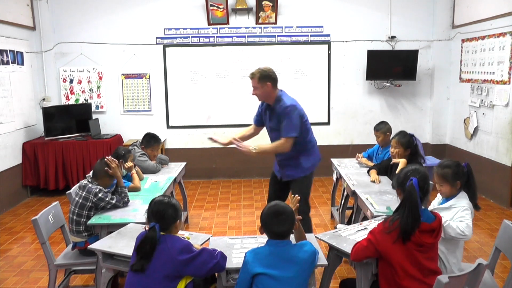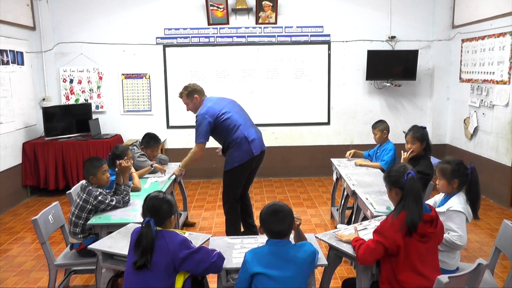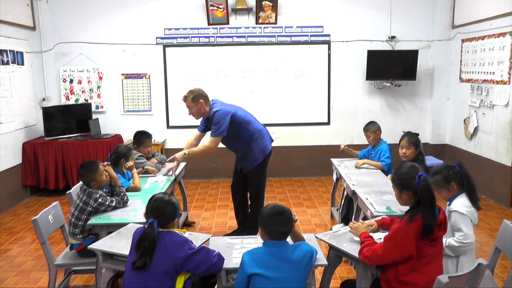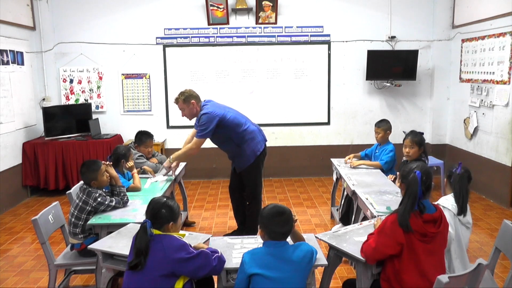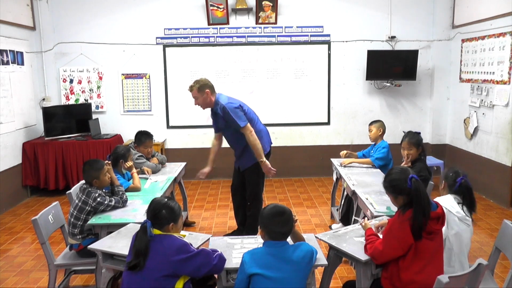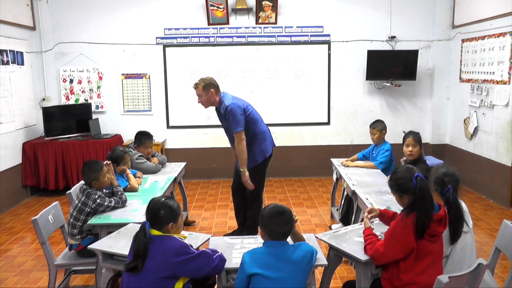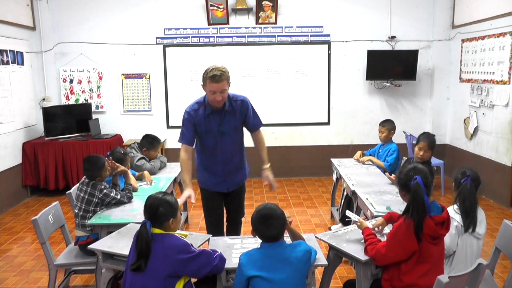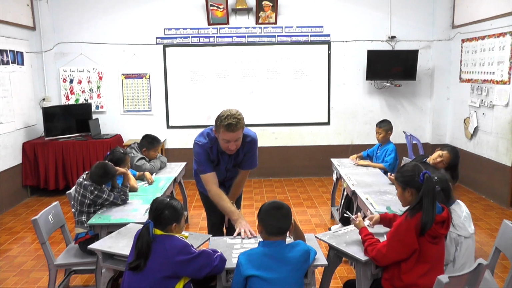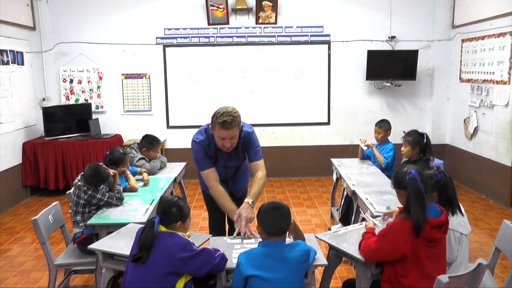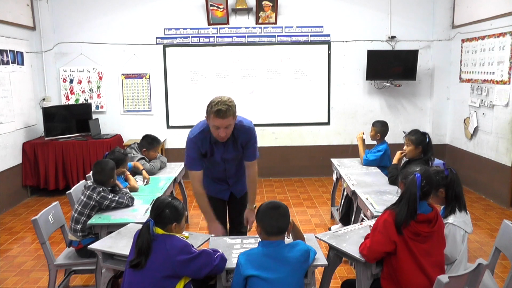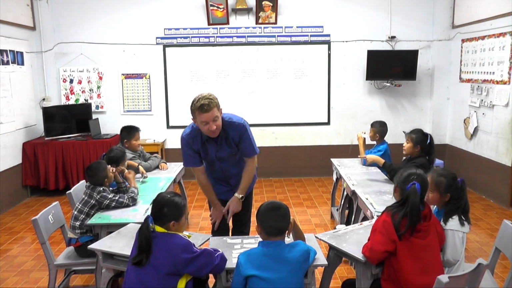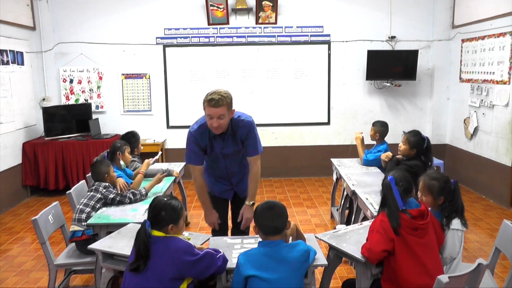Well done. Name and address of manufacturer tells us what company made the product. Excellent. Well done, guys. And team 3. Expiry date tells us when the product is no longer safe to be consumed.